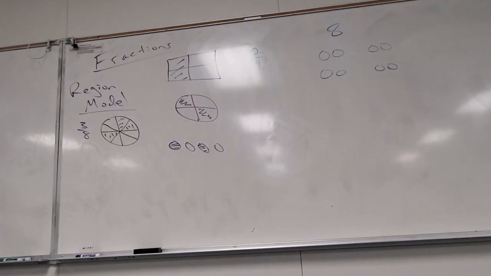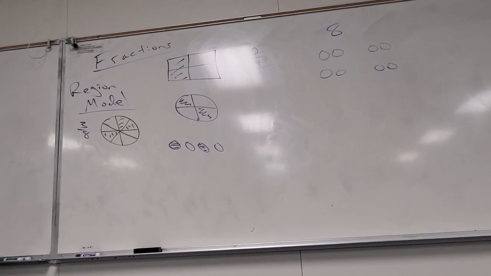Normally kids totally understand pizza, right? So pizzas are obviously really good for fractions because you can cut a pizza up into whatever number of slices you want. Region model, you've all seen this kind of thing before. One thing I want you to realize, here's something kind of weird.